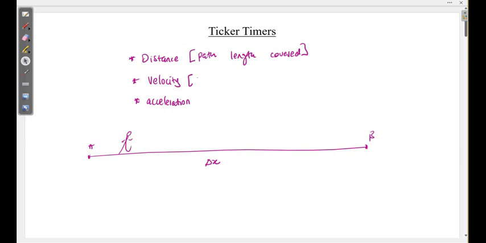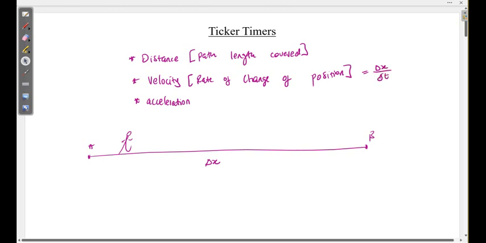Now velocity would then be how fast you are changing that position. So this is the rate of change of position, which is changing x over time, to say how fast you are covering that distance or that displacement.